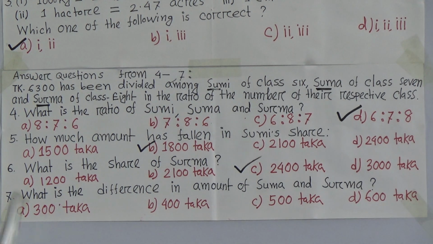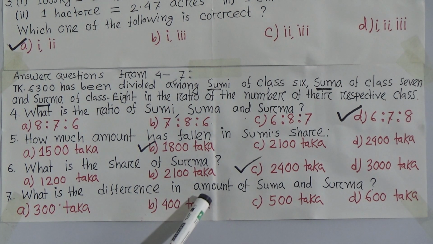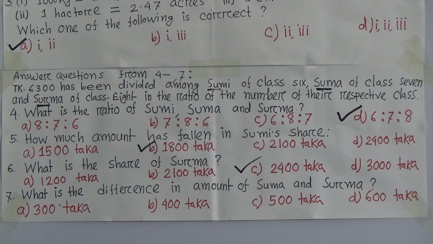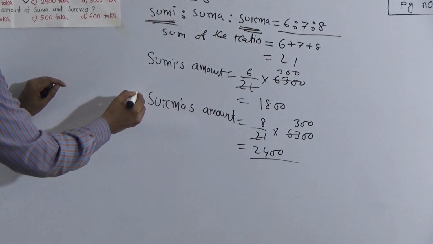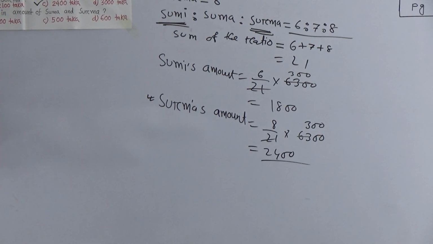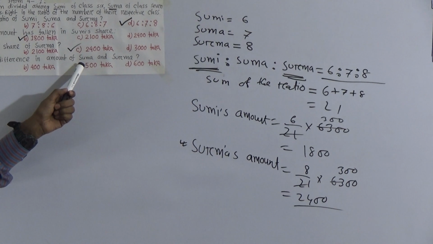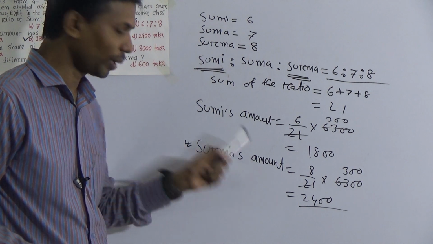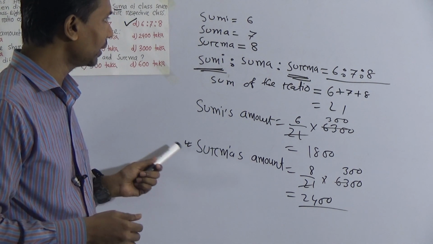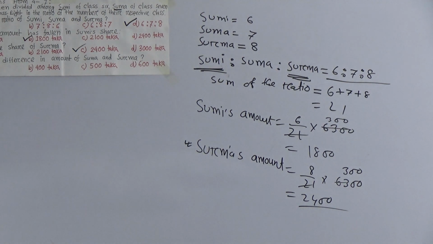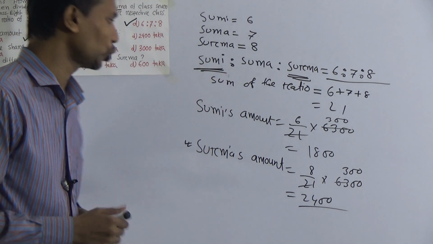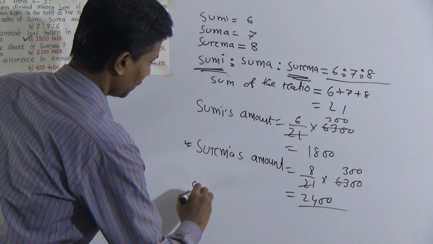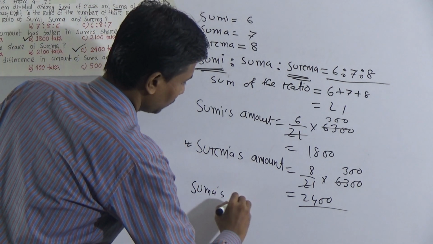Now question number 7. What is the difference in amount of Shuma and Shurma? Look, this is Shurma's share, and we have to determine the amount of Shuma. Yesterday we determined Shumi's amount and Shurma's amount, but we didn't determine the amount of Shuma. Now we have to determine it.